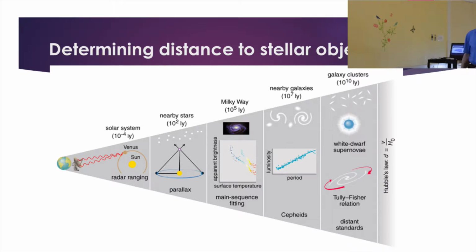So there's various different ways that we determine the distance to stellar objects. And we're going to go through these in more detail, but just to give you an overview. If the object is close enough, like the moon, okay, we can actually aim radar or lasers at it. There's a reflector, in fact, that one of the Apollo missions placed on the moon.